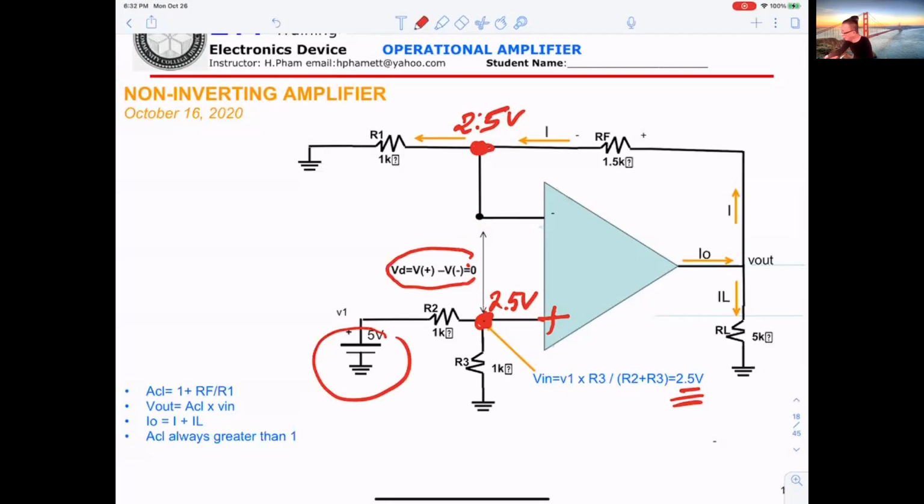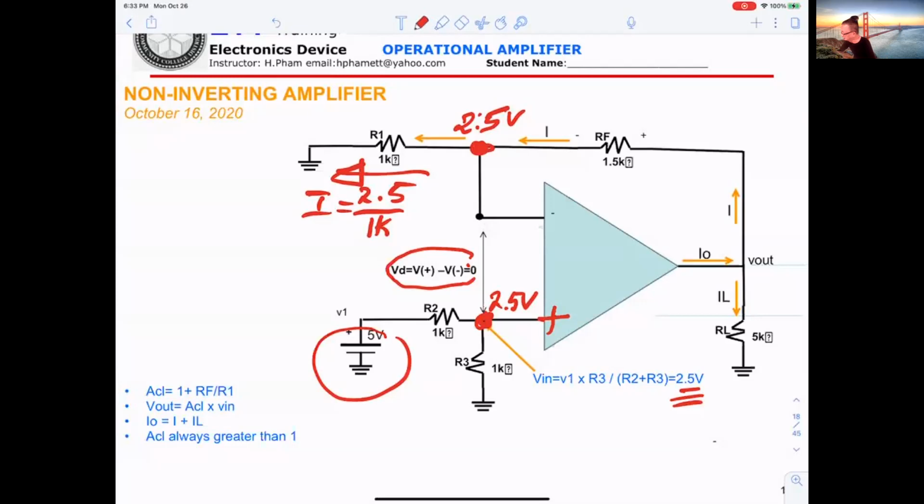Okay, now you get 2.5 volt here, you get it down here. So you can calculate the current flow here. That current I equals 2.5 divided by 1K. This is your short here and ground here, Ohm's law.